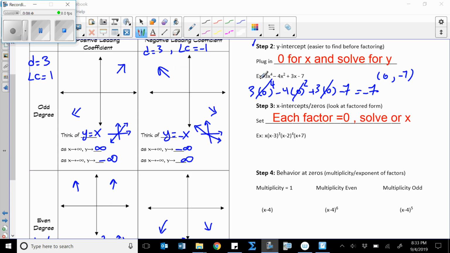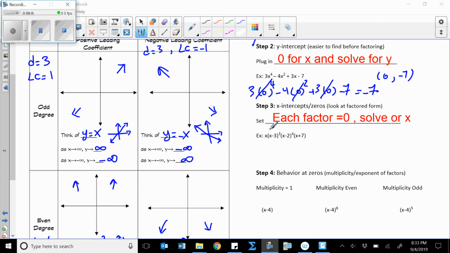Now let's go to the next step, which is finding the x-intercept. It's easier to find the x-intercept when your function is in factored form this time. So if your polynomial is not in factored form, try to factor it first, then find the x-intercepts. Why?